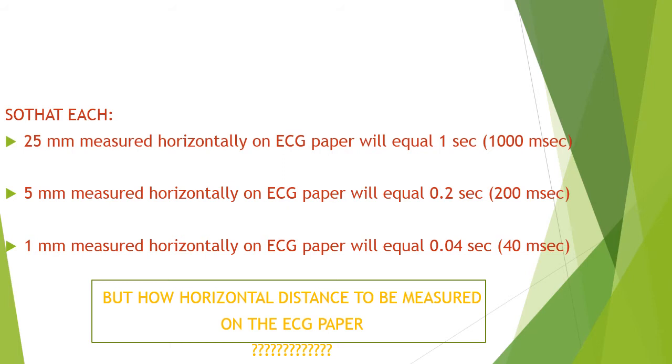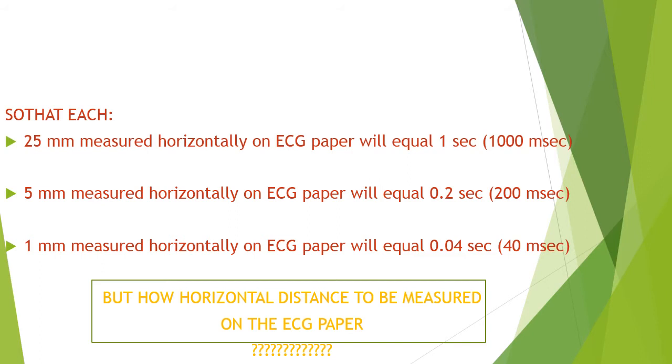For each 5 millimeters, that will equal 0.2 second, equaling 200 milliseconds. And for each 1 millimeter, that will equal 0.04 seconds, that is 40 milliseconds.